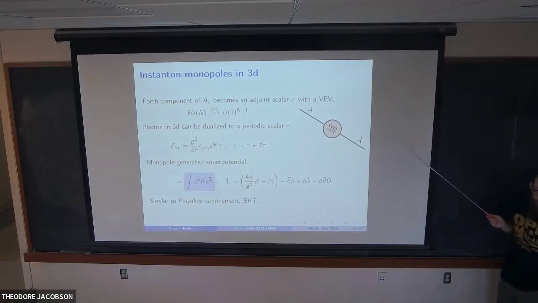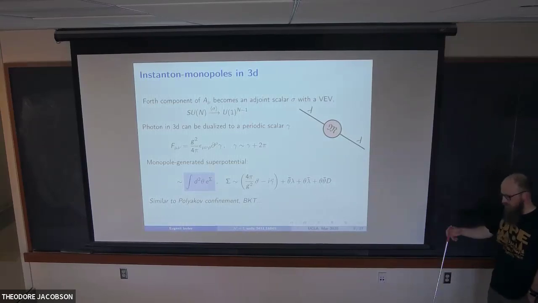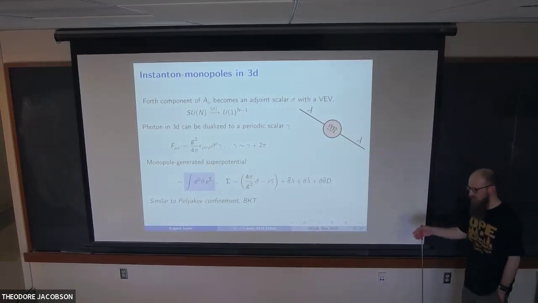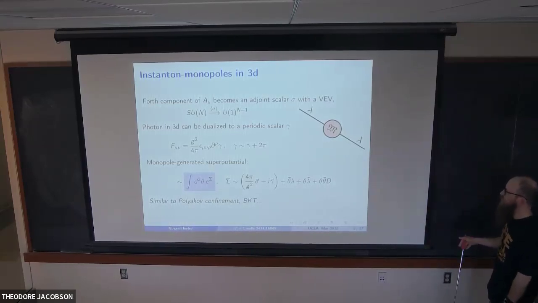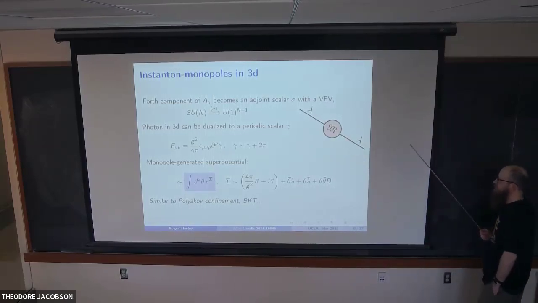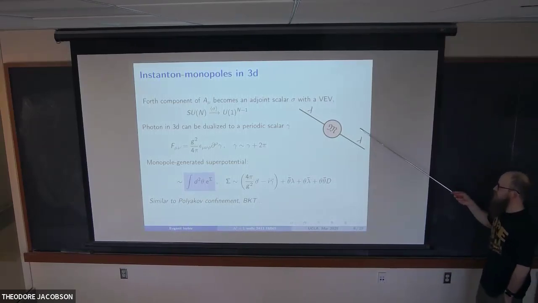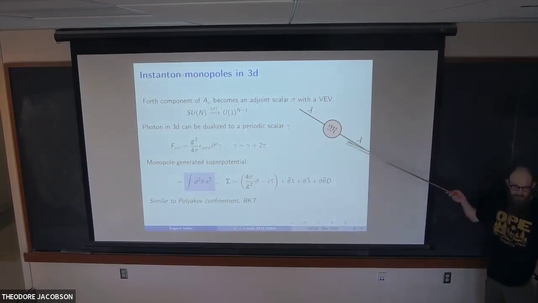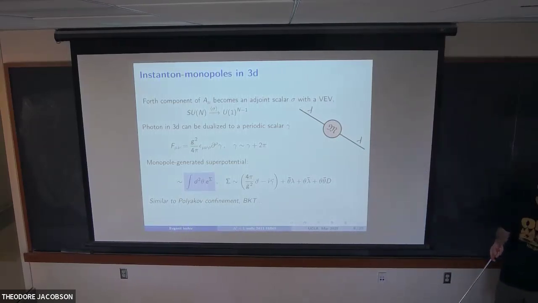And there are configurations that in 4 dimensions you would call 't Hooft-Polyakov monopoles, monopoles occurring due to the presence of the adjoint scalar breaking. So in 3 dimensions, these are more like instantons, right? Because they do not have a worldline.